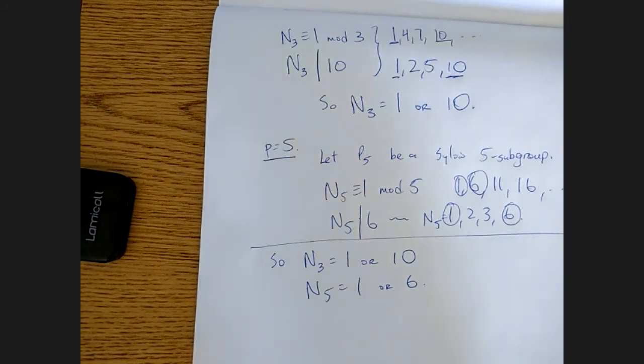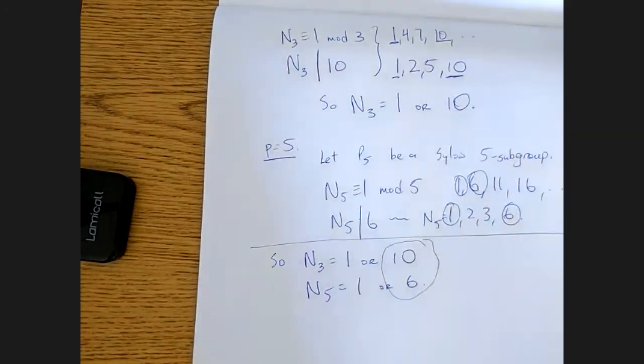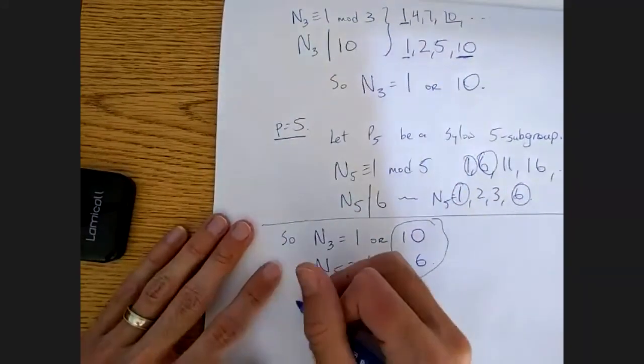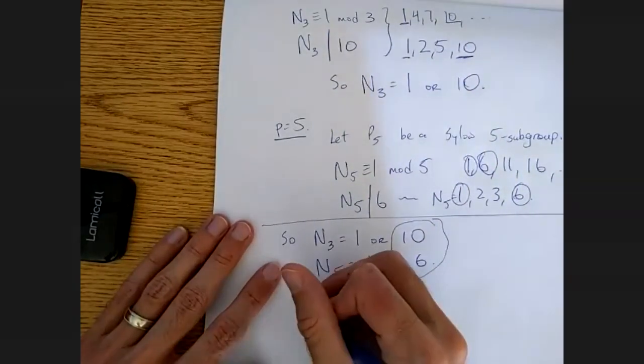There are several ways to see why these can't happen. Probably the best way is to do what we did before. P3 and P5 are cyclic groups.